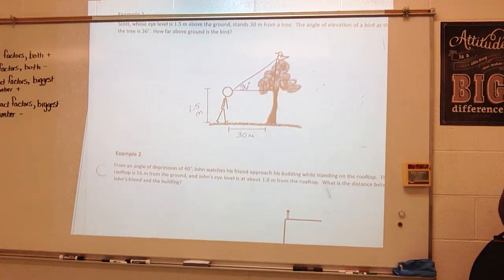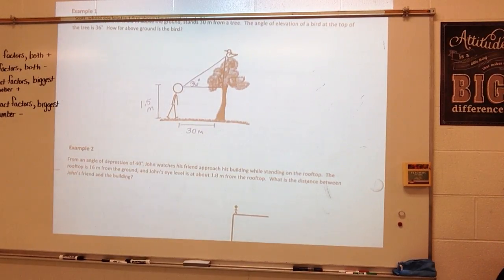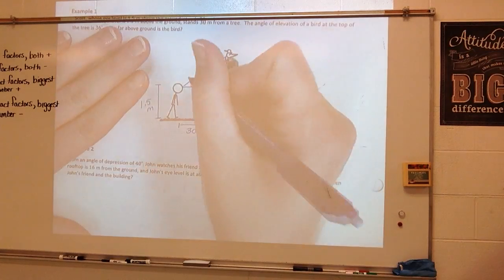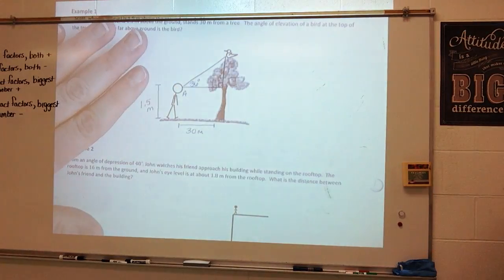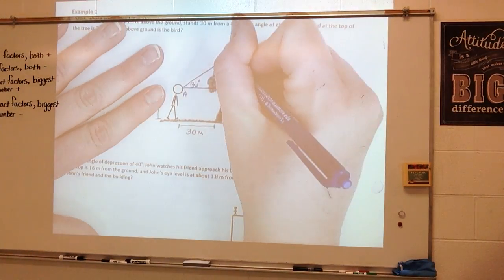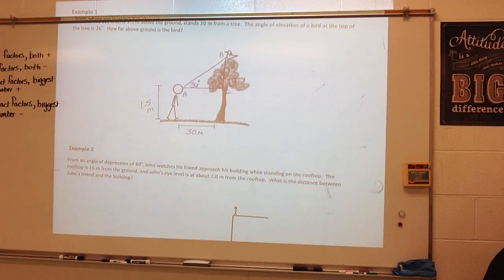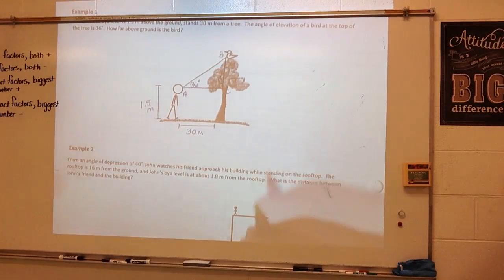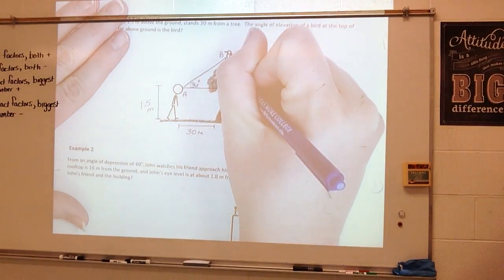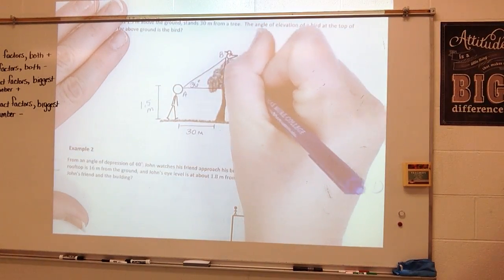Okay, with respect to our diagram, let's think about what we are looking for. We'll label our triangle A, B, C, and put the B at the top for bird. What exactly am I looking for? At this point, I am looking for BC.